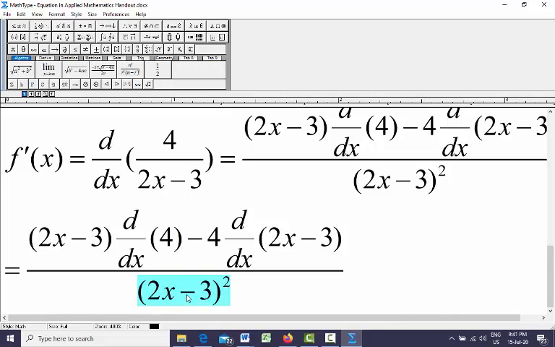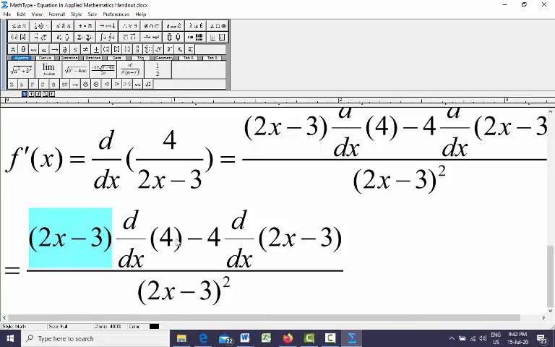You just leave it like that. This 2x minus 3 is behind d by dx, so whatever you have behind d by dx, you don't need to differentiate. It can be left as it is.